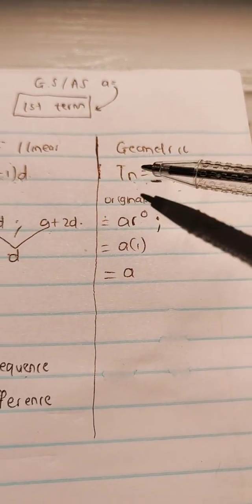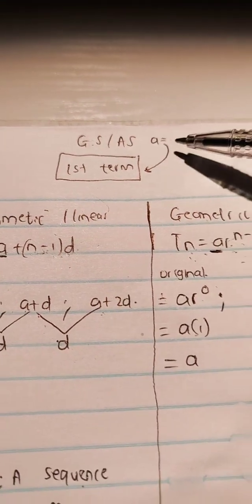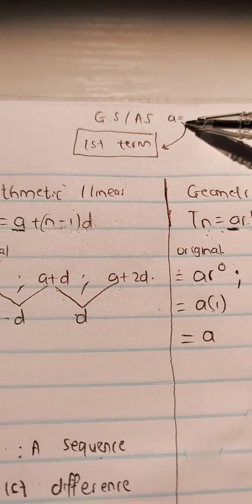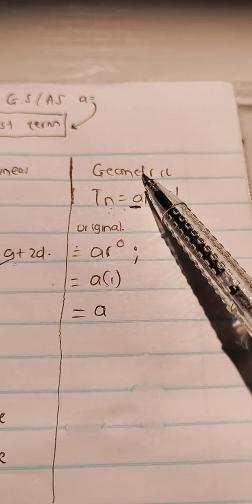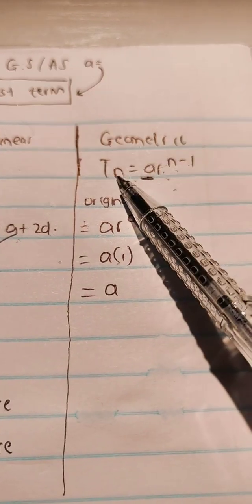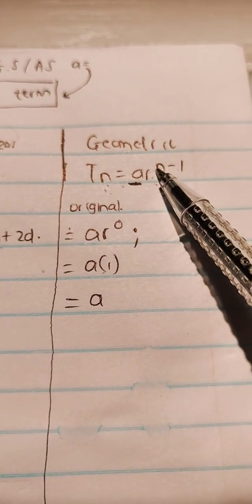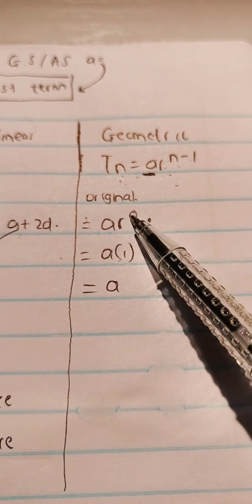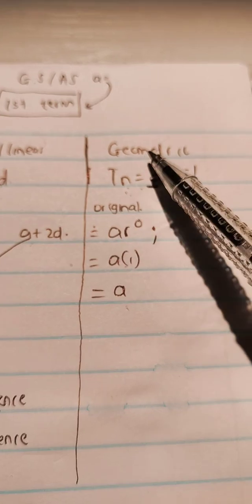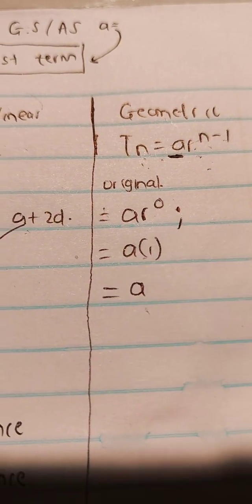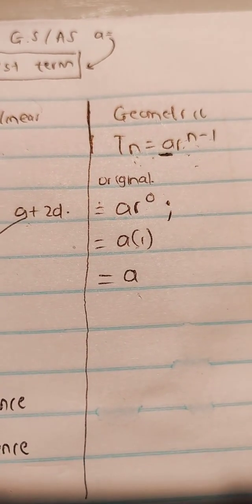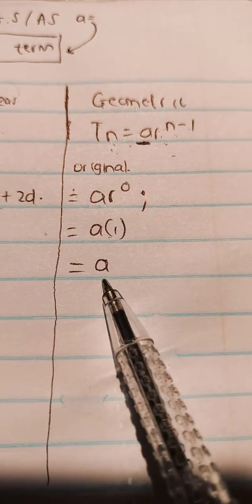AR to the power 0 simply means A times 1, which is A. That's why the first term for both geometric and arithmetic sequences is represented by the letter A. Written fully, it would be AR to the power 0, but we simply write it as A.